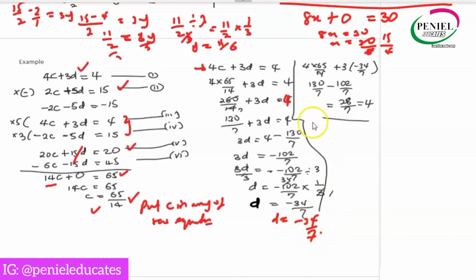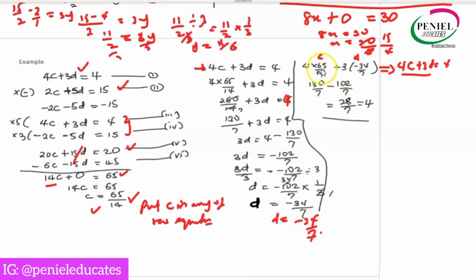All right, so if you put c and d back into the equation 4c plus 3d is equal to 4, we want to check this. So 4 multiplied by 65 over 14, this is c that we've gotten, and this is d that we've gotten.